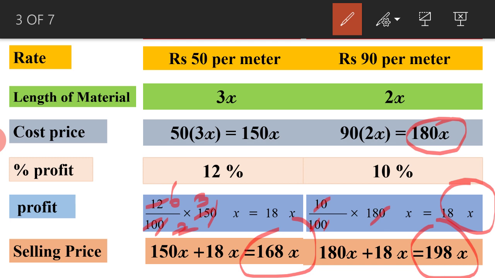Are you getting it? Now we are coming to the equation. The condition is that Hassan is getting 36,600 after selling both those materials, the shirt material and the trouser material. According to us, the amount he obtained by selling shirt material is 168x, and by selling trouser material it is 198x.